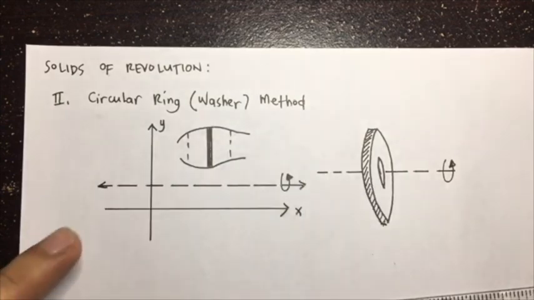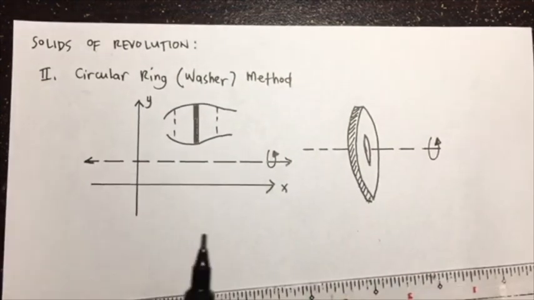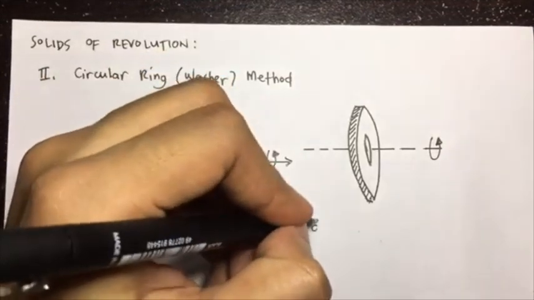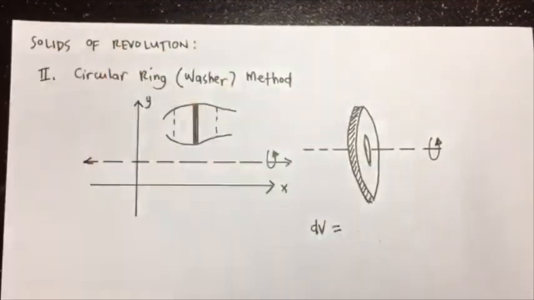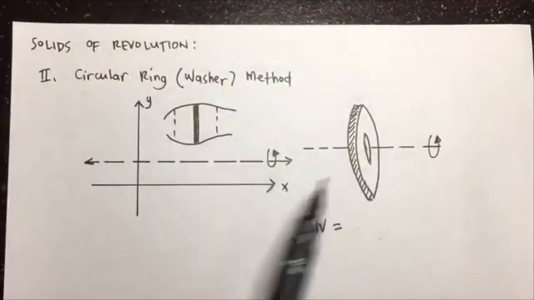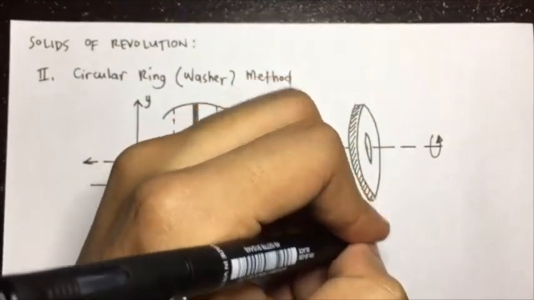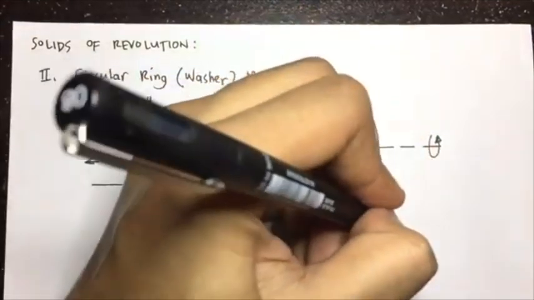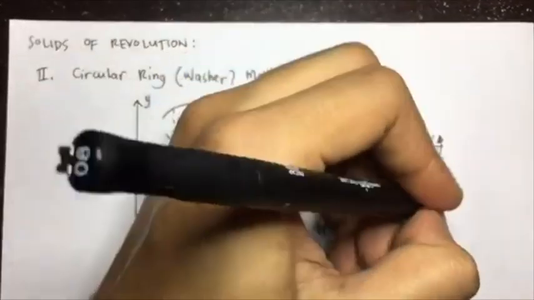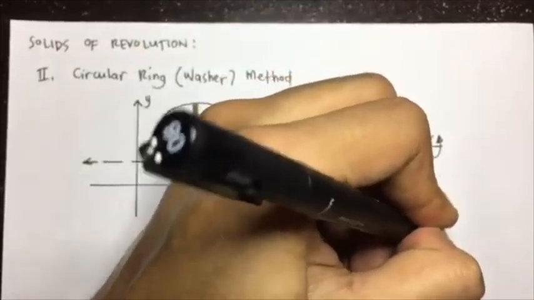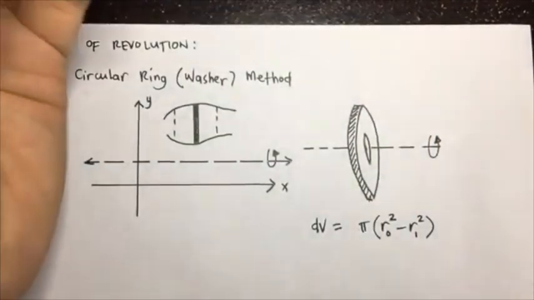So in finding the differential volume of that ring, the differential volume is equal to, from the volume of a ring, pi multiplied by outside radius squared minus inside radius squared multiplied by the thickness.